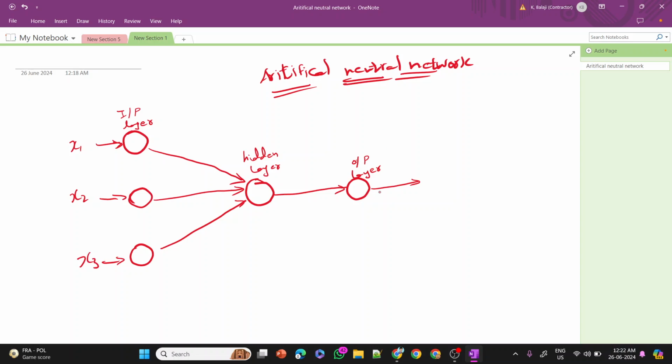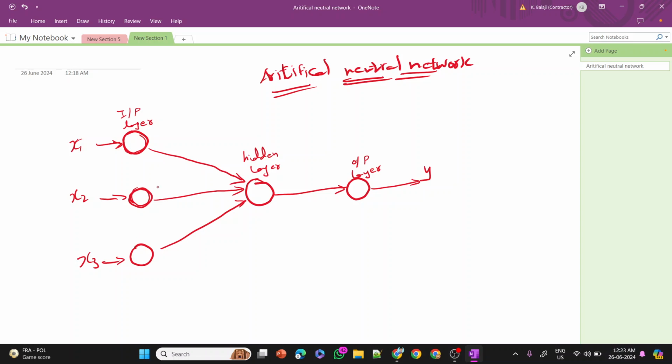The final output is obtained from the final layer, that is y. In between every layer there will be a weight. Each section is called a neuron.